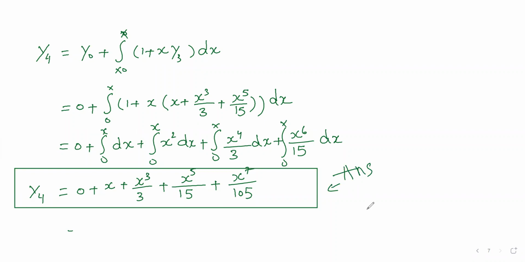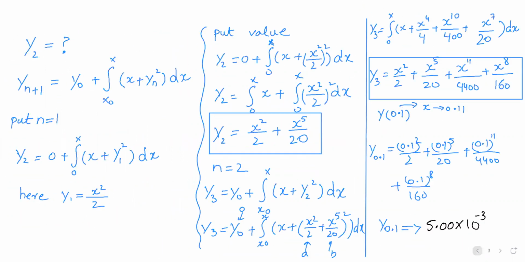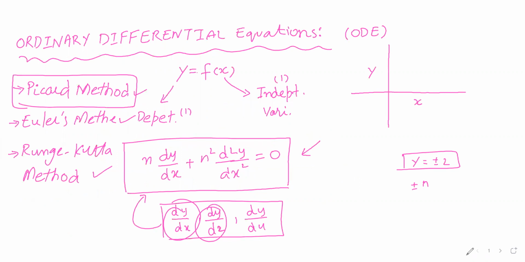So this is your final question. Today we solved three numericals from the Picard method, and I already told you what ordinary differential equations are. An ordinary differential equation has only one dependent and one independent variable.